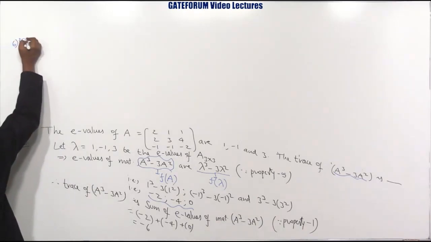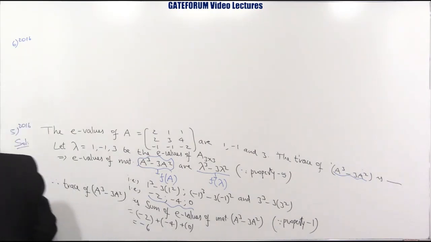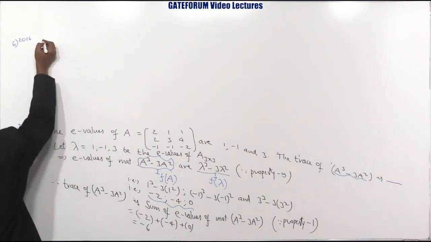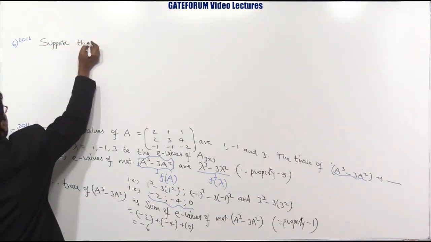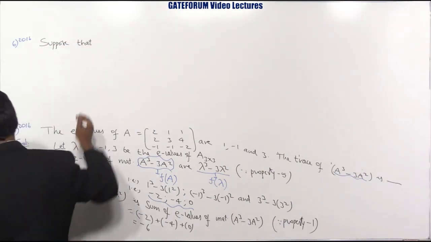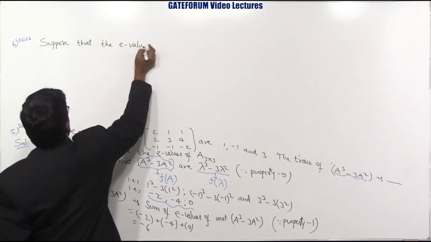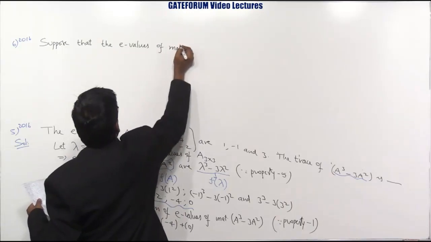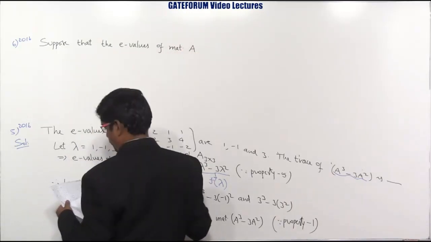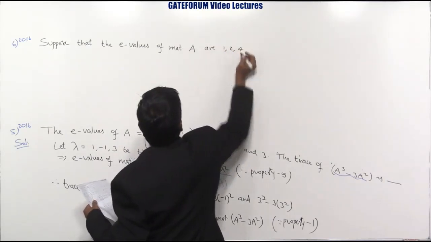Sixth question, 2016. Suppose that the eigenvalues of matrix A are 1, 2, 4.